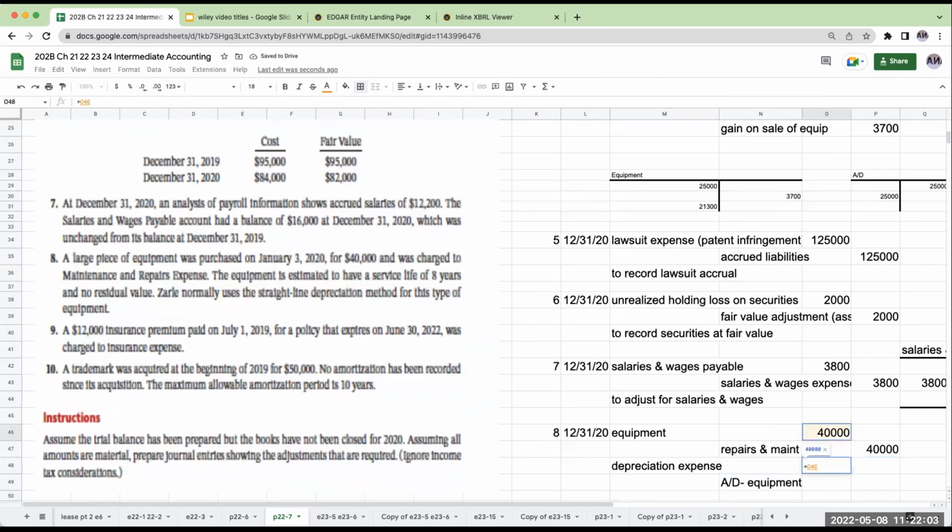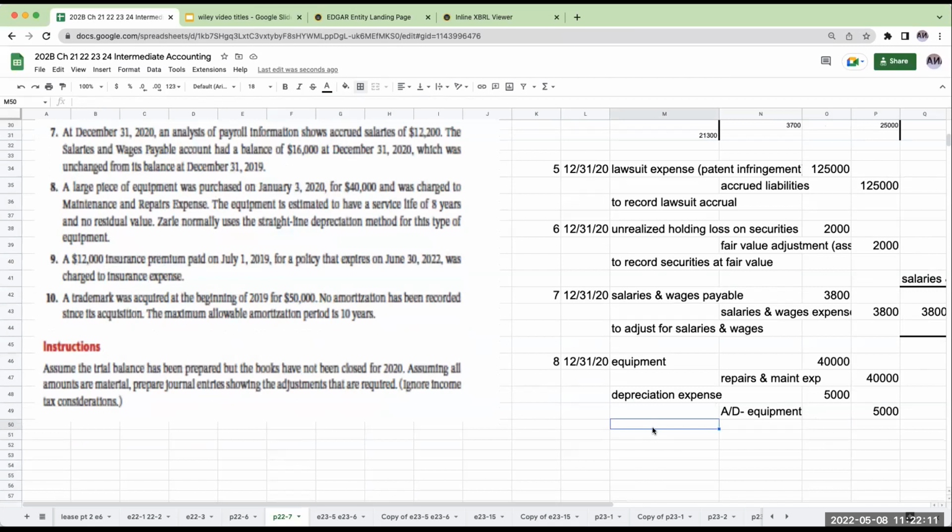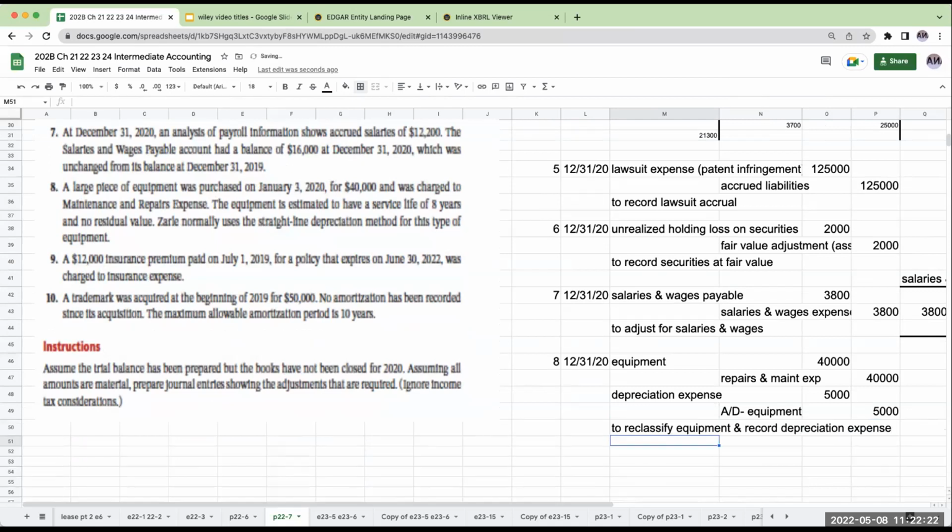This is going to be 40,000 divided by 8, straight line. So you're going to get here 5,000 and 5,000. Okay, so over here, to reclassify equipment and record depreciation expense.